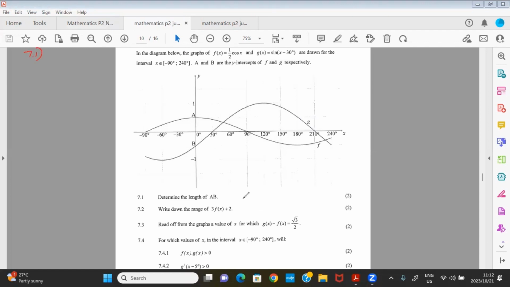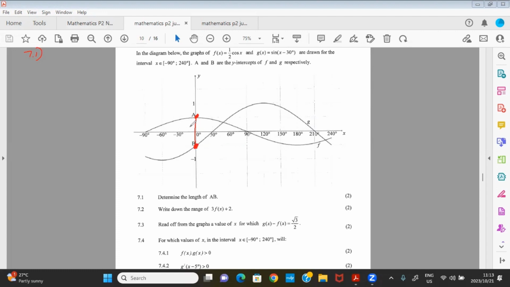7.1. Determine the length of AB. Let me highlight it here to show. Here's my AB. My A is the y-intercept of f, and my B is the y-intercept of g.